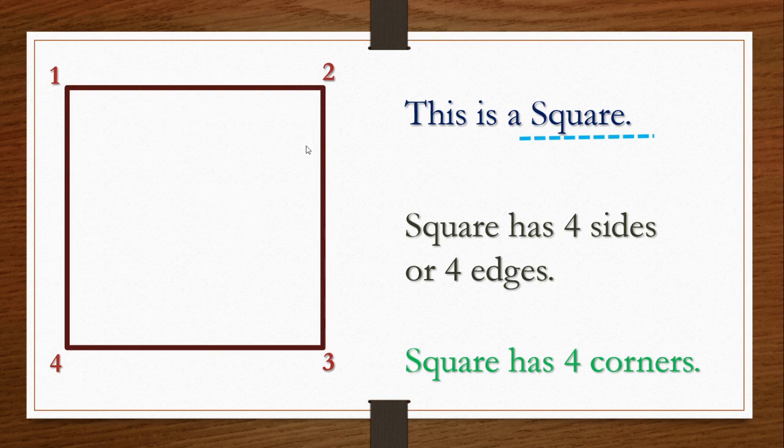Rectangle has 4 corners. Square also has 4 corners. Then what is the difference between rectangle and square? Yes? Can you tell me? Okay. Let us know the answer for this later on.